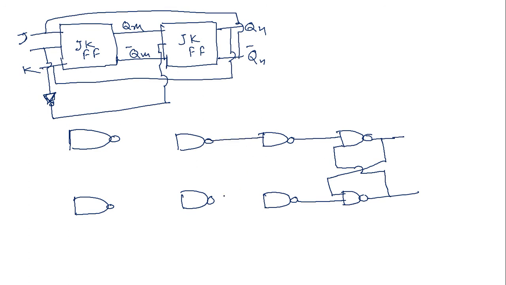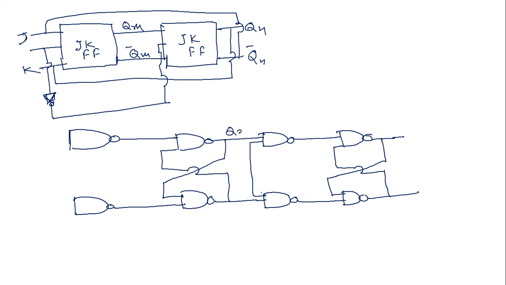Now I am connecting this flip flop. Here the clock is connected, and this flip flop is connected to this one, and one feedback path is present here. This is QM, this is QM complement, this is QN, QN complement.